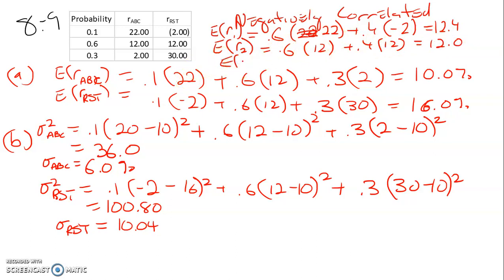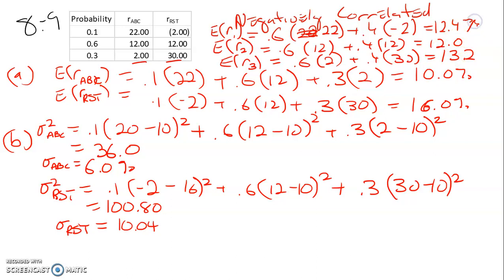Return in the third likely outcome, 0.6 times the 2%, we're using this one and this one here, plus 0.4 times 30. The return in that situation is 13.2%.